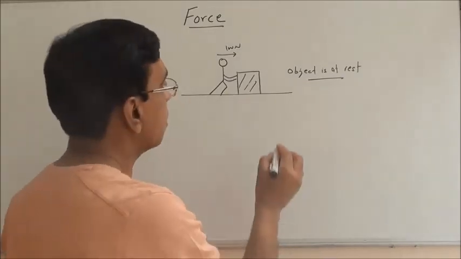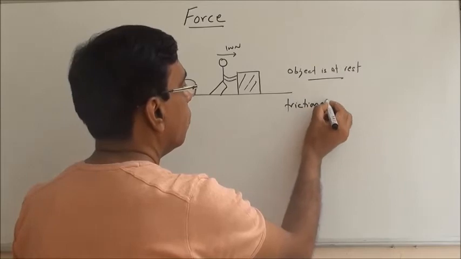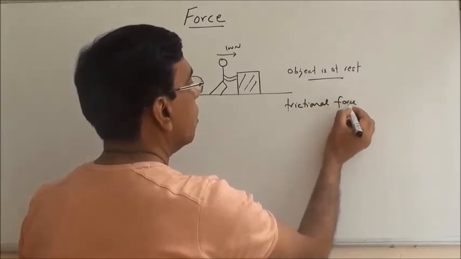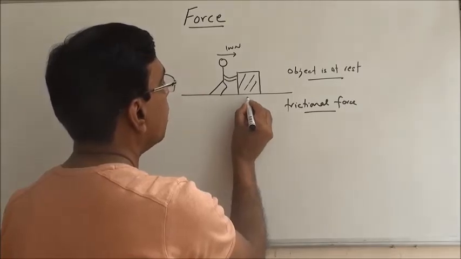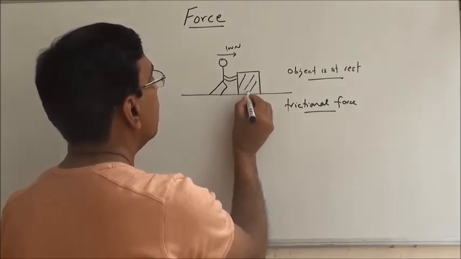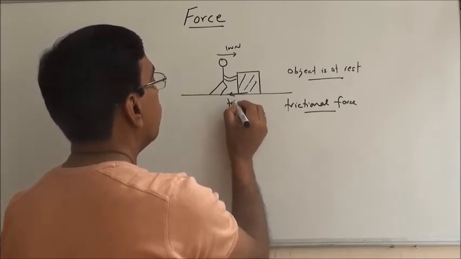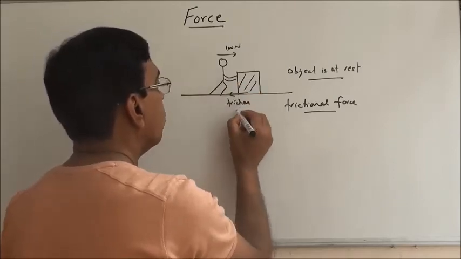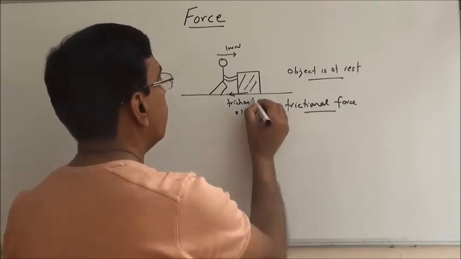What is this force? We call it frictional force between these two. This is applied by this surface on this object, and this is in this direction, friction. In this particular case, this is also 100 Newton, friction force.